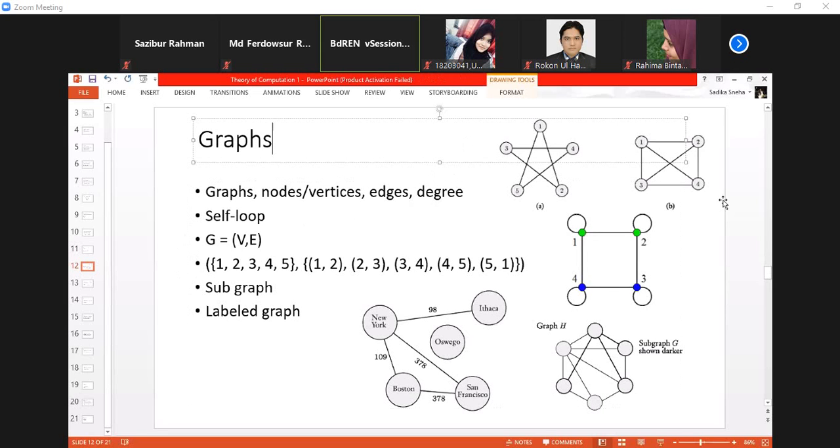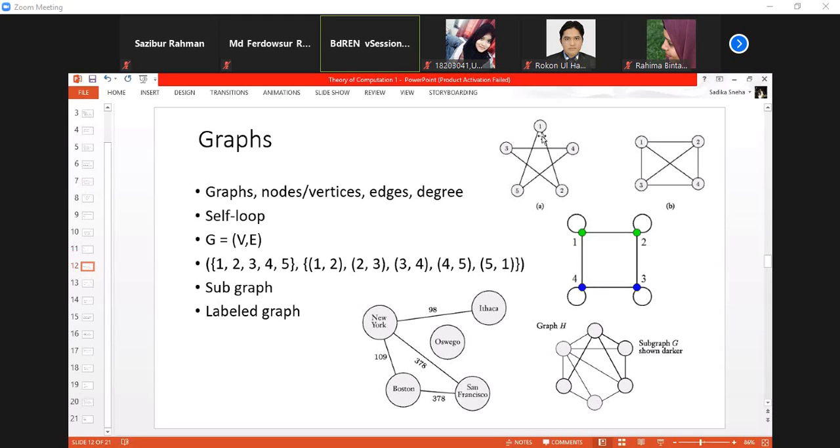Another thing is degree. Degree is the number of edges on a node. So vertex 1 or node 1 has two edges coming from it. As there is no direction, it can be said that there are two edges going inside that node also.